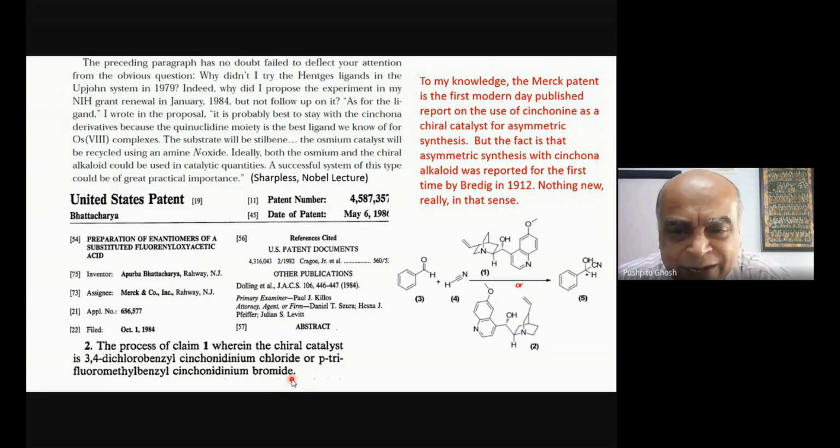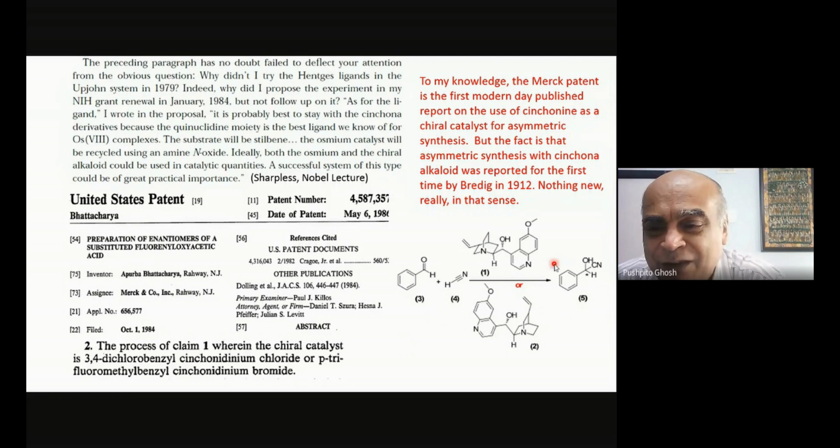He applied it in a totally different reaction where he did some substitution reactions, okay. But I think that maybe Sharpless was trying to prove the point that he had done something very original with the cinchona alkaloid, but that's not true, okay? Because the use of the cinchona alkaloid as an asymmetric catalyst was done by Merck, and frankly, we know that Oswald and Bredig had done it in 1912.